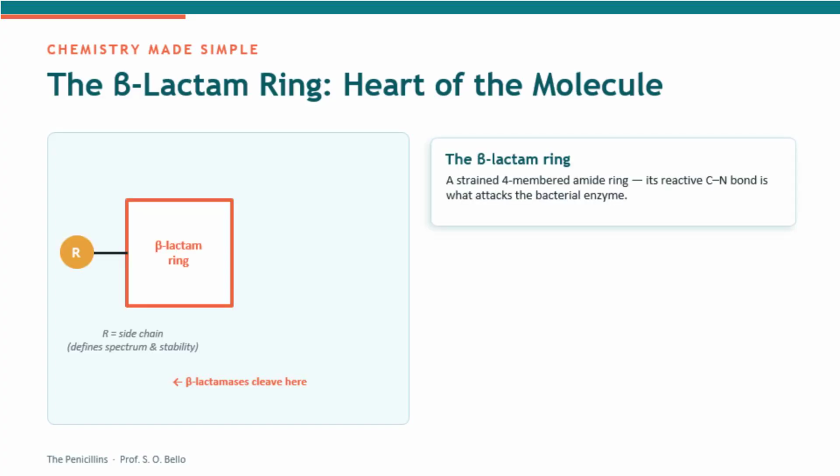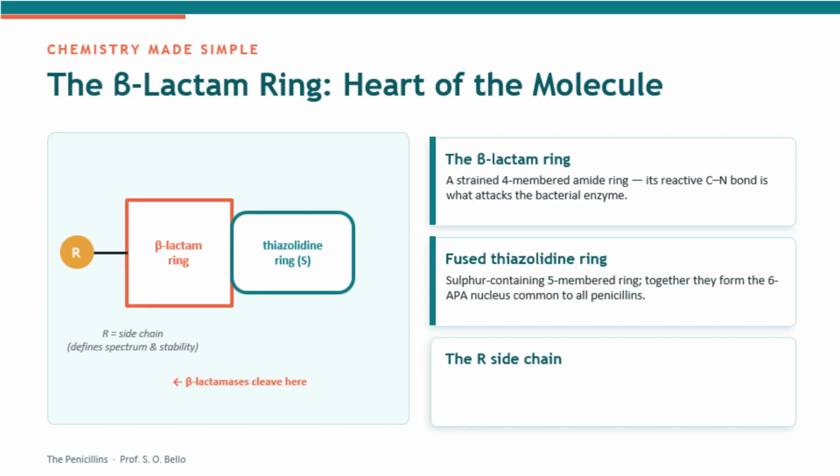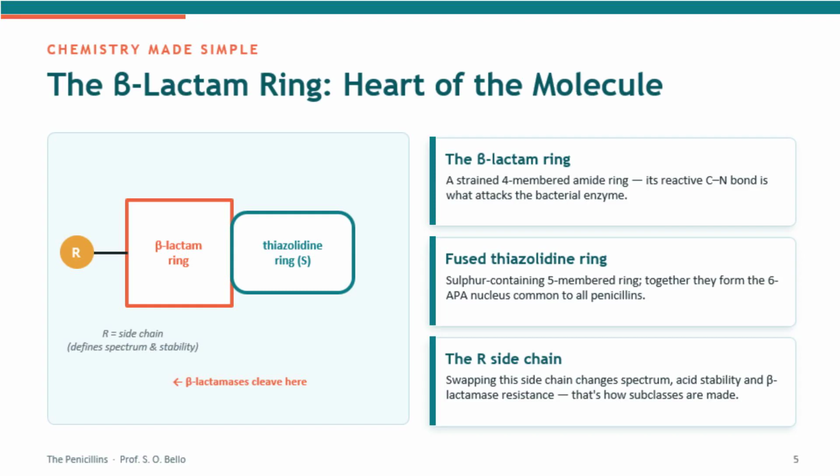Now to the chemistry. And don't worry, I'll keep it clinically relevant. Look at the structure on the left. The square drawn in coral is the beta-lactam ring, a four-membered ring that's chemically strained, like a bent spring. That strain is exactly why it's so reactive.